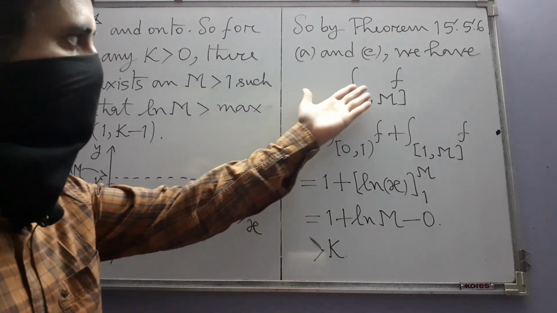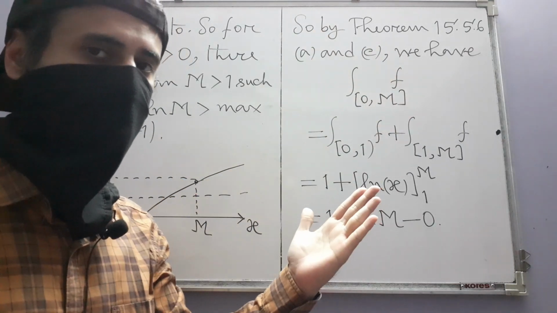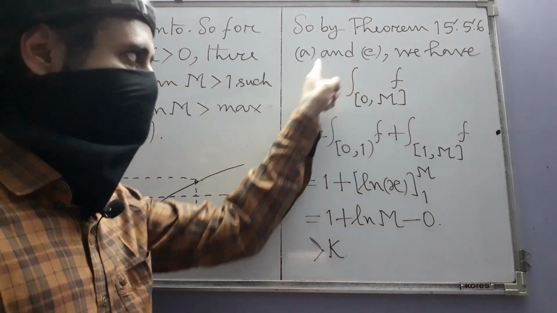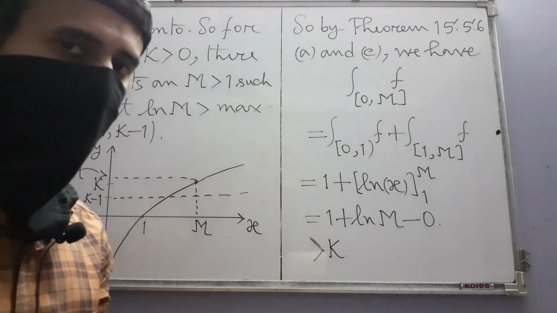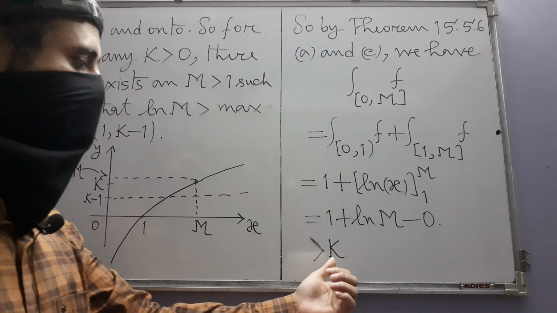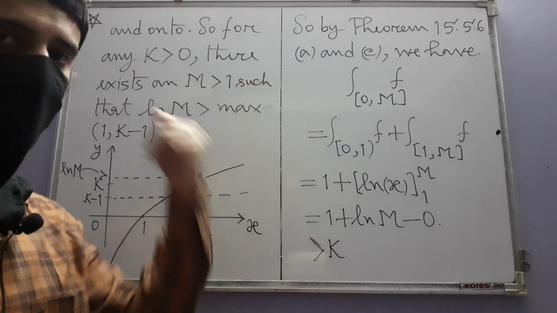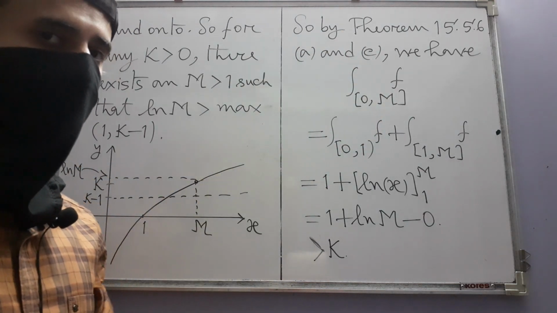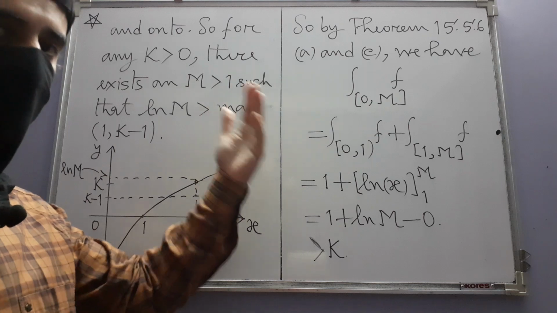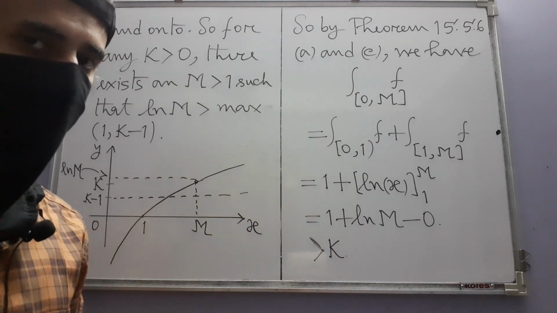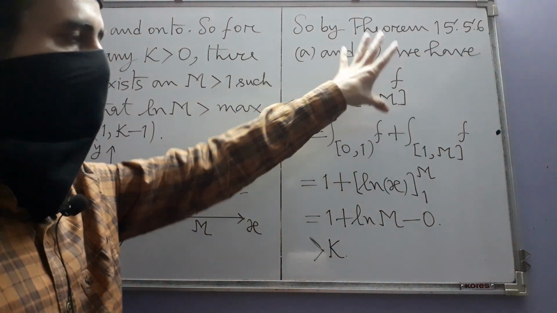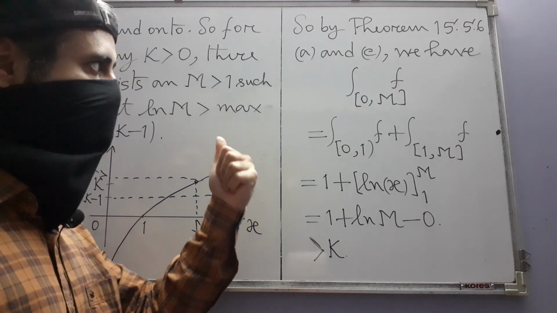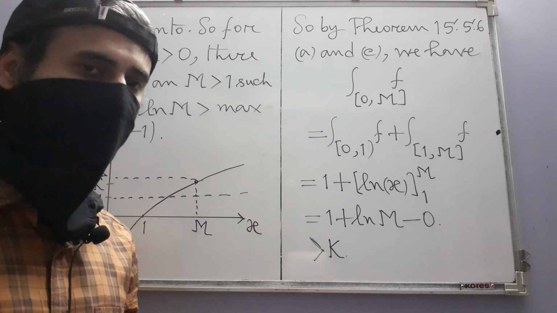In other words, in the set of all such integrals, no matter what k you choose, there always is an element which exceeds even that. So obviously you can keep on choosing larger and larger k. There is no bound to these integrals. You can find integrals having higher and higher values than even k, and that is why the set of such integrals here is unbounded above, and that is why their supremum is plus infinity.